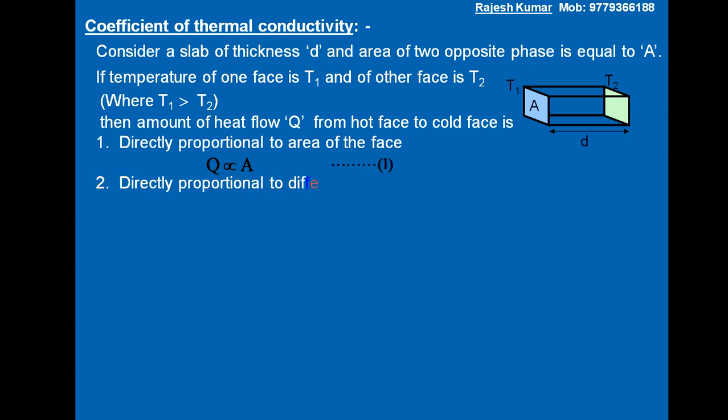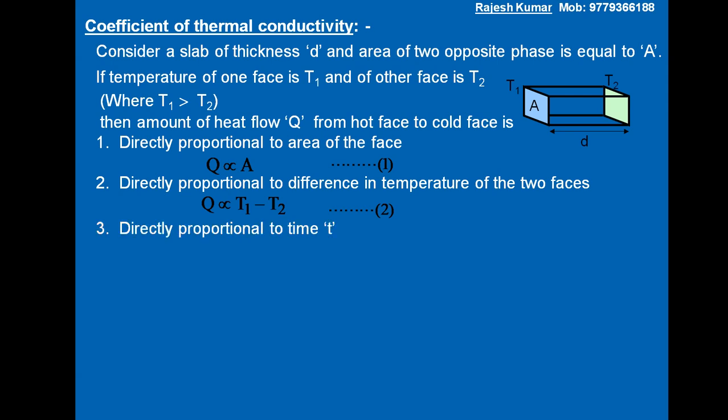Number 2, directly proportional to the difference in temperature of the two faces. Mathematically, Q is proportional to T1 minus T2, and let it be equation number 2. Number 3, directly proportional to time t. Mathematically, Q is proportional to t, and let it be equation number 3.